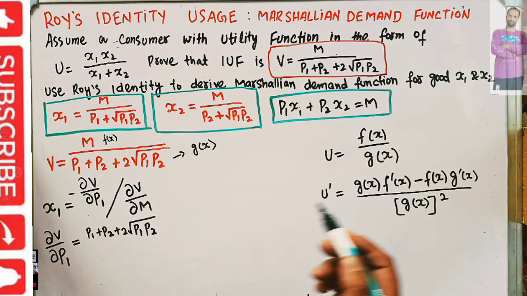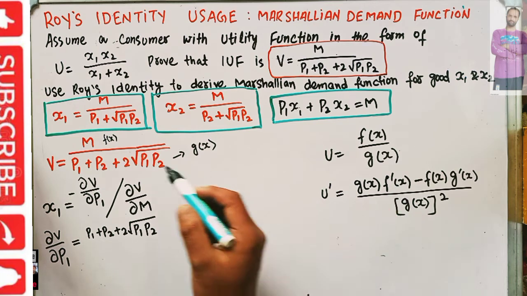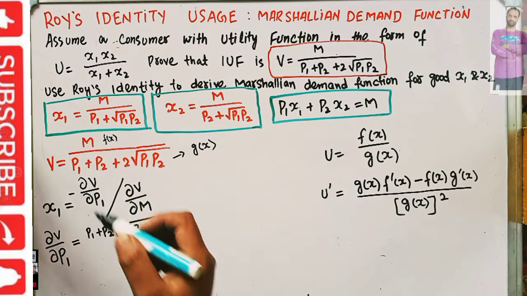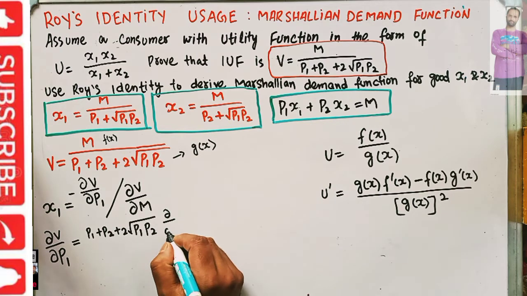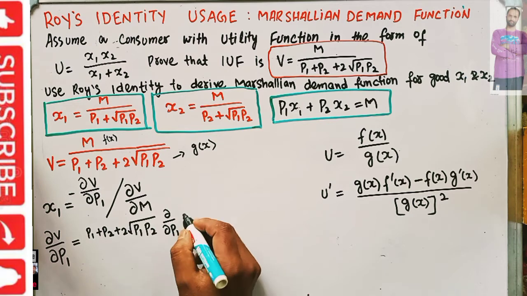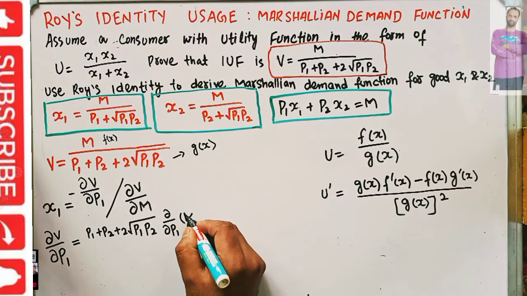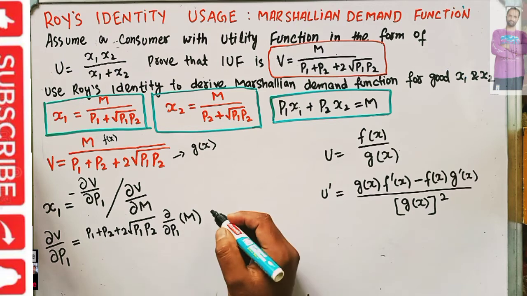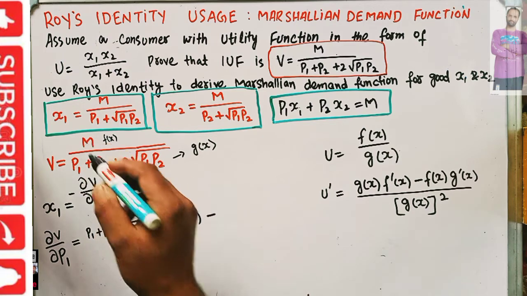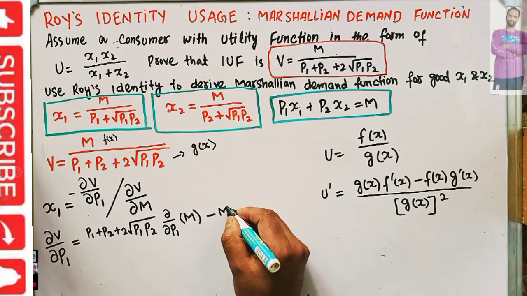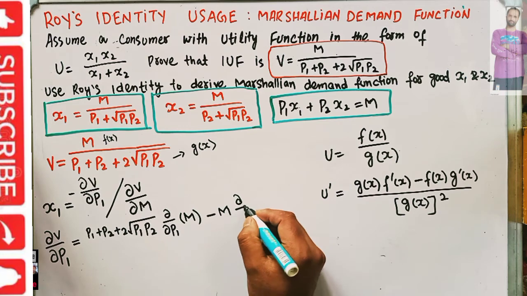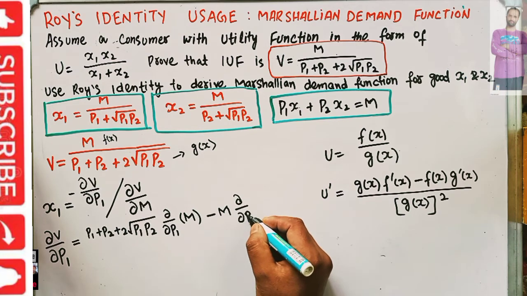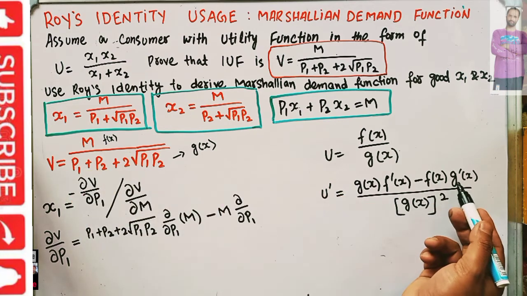Then we need to take the derivative of this function, that means d upon dp1 of m. We have here m, then minus we write this m, this f of x, and take partial derivative of our denominator function, that is g dash x.